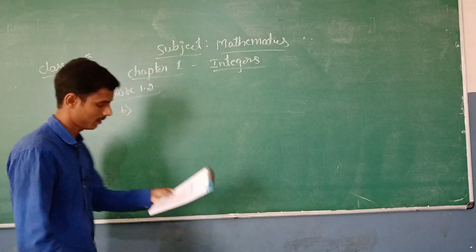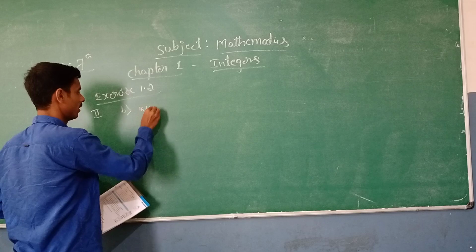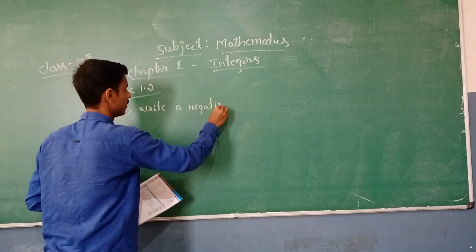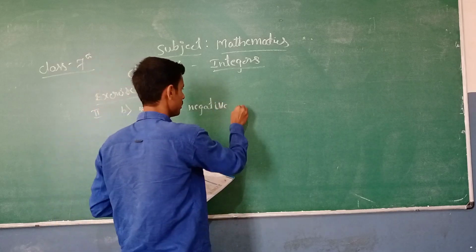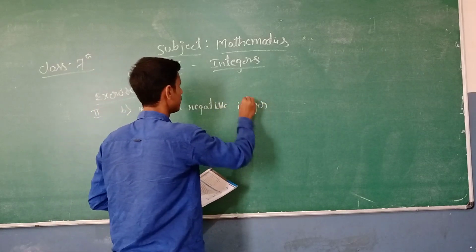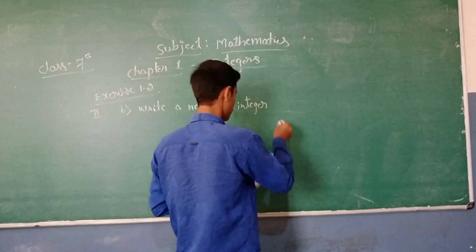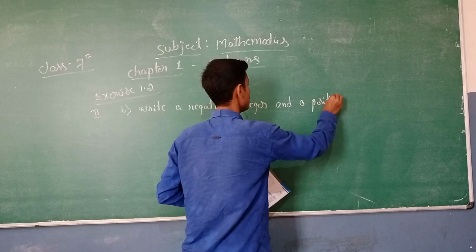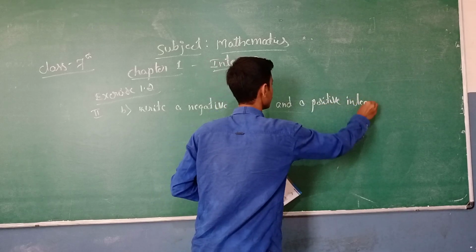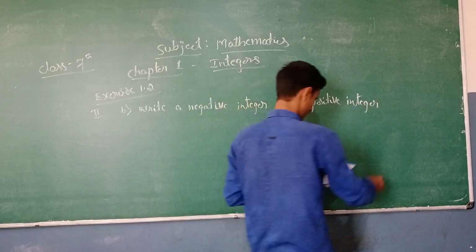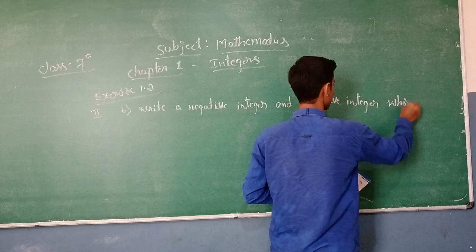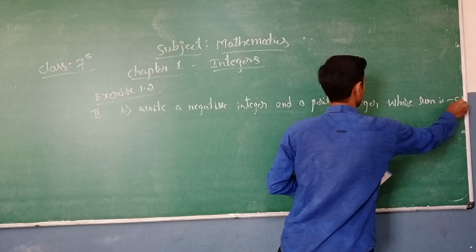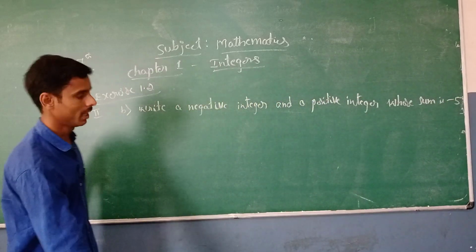Write a negative integer and a positive integer whose sum is minus 5. Sum is minus 5.